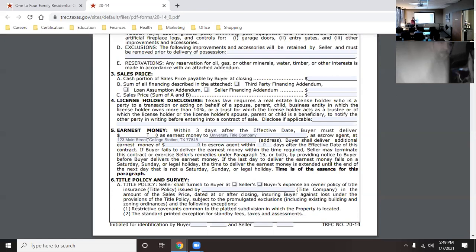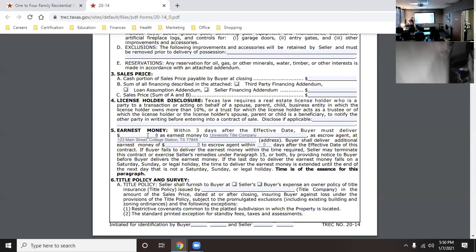Okay, in that situation, one other spot here, the spot right here in bold: time of the essence. Remember we talked about that the other day when we first had class? Extremely important. Let's read this paragraph so everybody has an understanding. Within 3 days after the effective date, buyer must deliver blank as earnest money to University Title as escrow agent at 123 Main Street. Buyer shall deliver additional earnest money of blank to the escrow agent within blank days after the effective date of this contract.